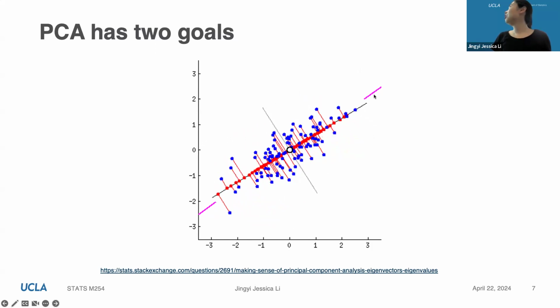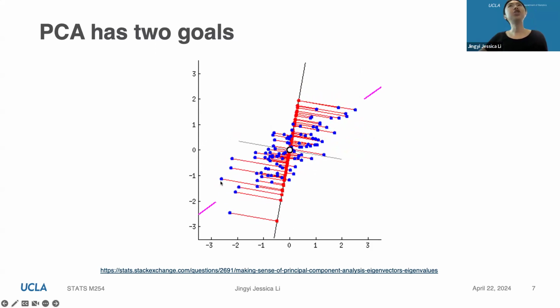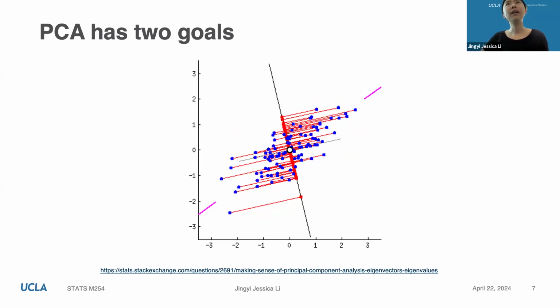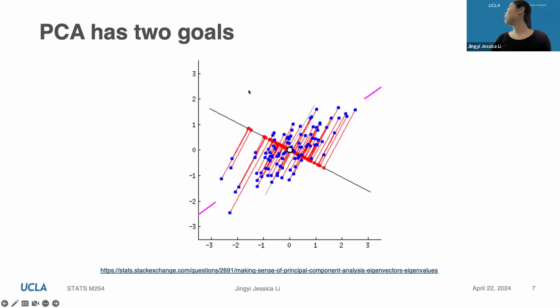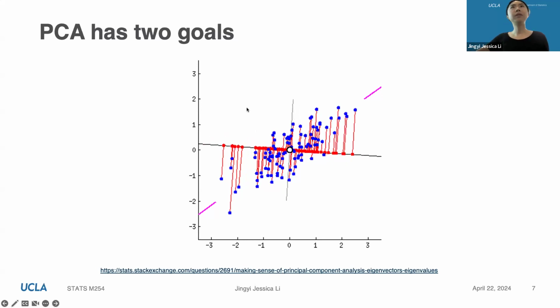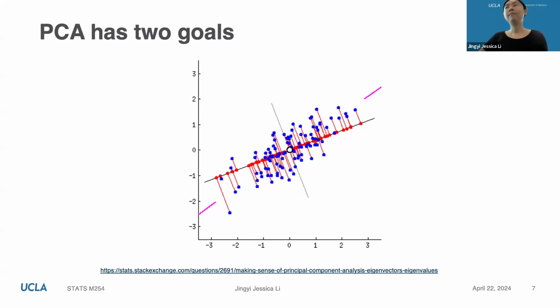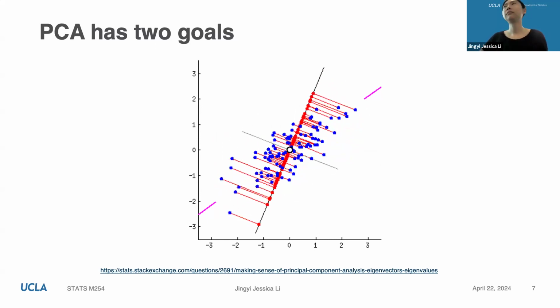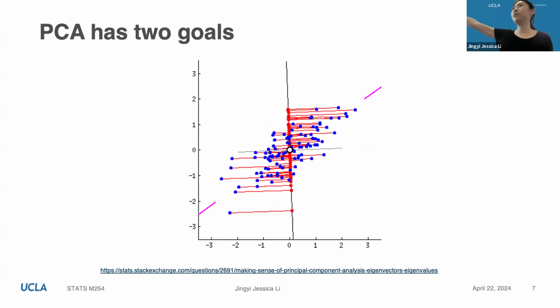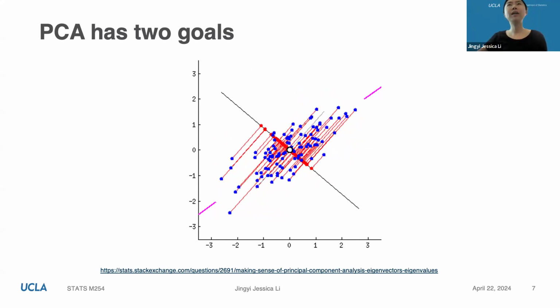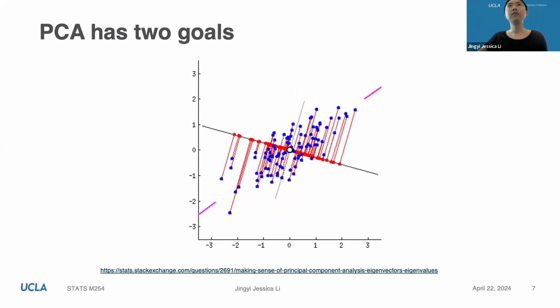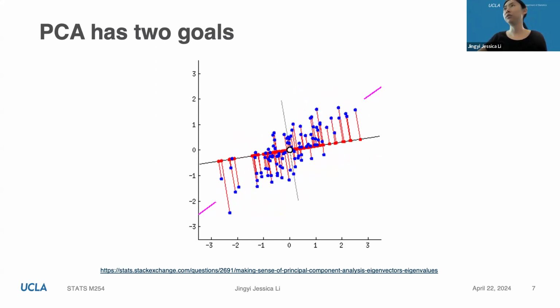Then, of course, you want this purple line. This line best represents the shape of your data, intuitively. So that one-dimensional representation is definitely better than this, because if you have a line like this, it's very different from your original data. I don't know if this intuition makes sense to you. So we consider all possible PC1s and we stop at that purple one. That's where we have the maximized variance of PC1 scores and also the best reconstruction of the original data.